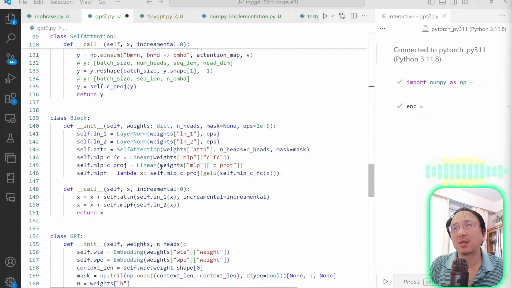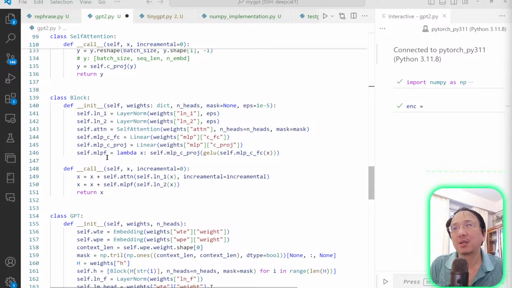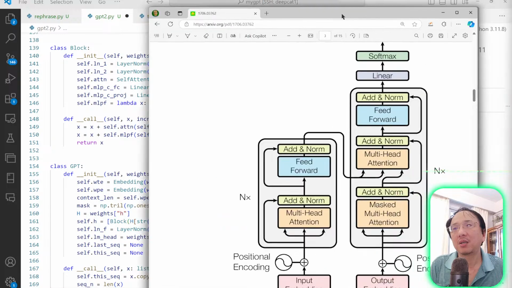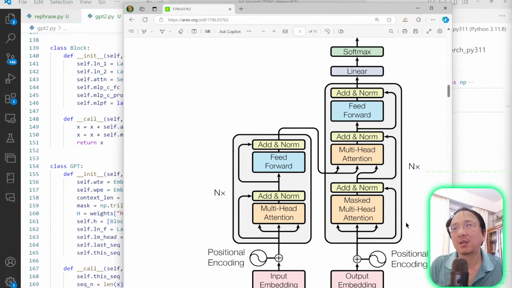Okay, so as you can see, what we do is first apply a linear transformation on this X. And then we do the self-attention, and we add X to it. So you can see this is the add right here.